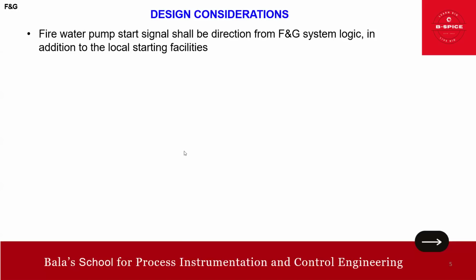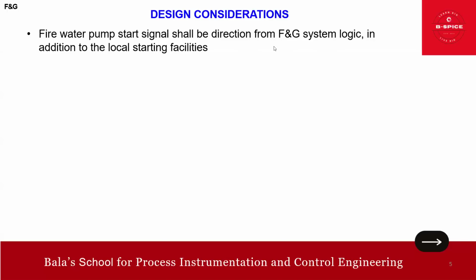Then we talk about the design considerations. This is very important when we work on the design. The fire water pump start signal shall be directed from the F&G system logic in addition to the local starting facility.